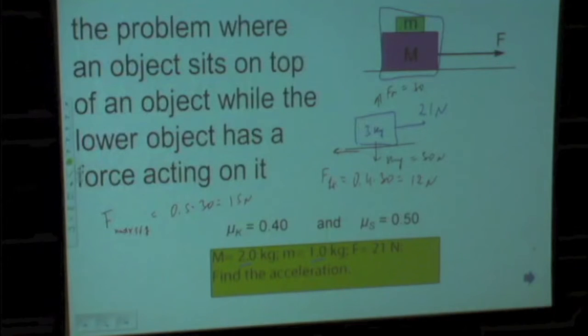So the net force equals, let's write it down, 3 times acceleration equals 21 minus 12, which equals 9 newtons. 9 over 3, 3 meters per second squared.